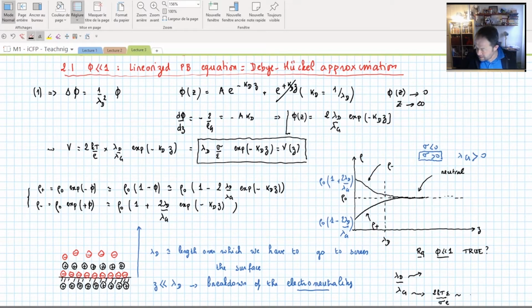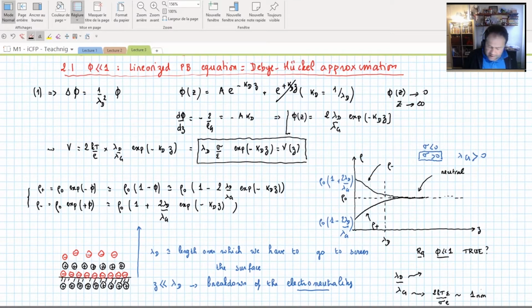Yes, we said 1 nanometer. And what did we say for lambda d, the Debye length? Yeah, we said 1 micron for pure water, and we said that it could be something smaller.